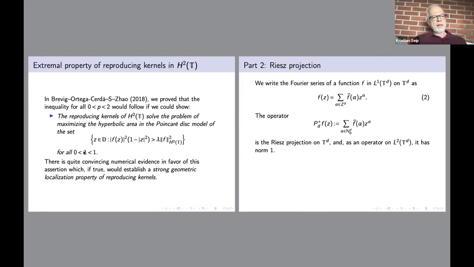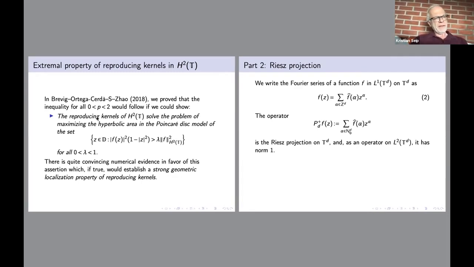But when lambda is strictly between 0 and 1, you may get a set of positive measure in a positive hyperbolic measure. And the claim here is that the reproducing kernels solve the problem of maximizing this hyperbolic area.